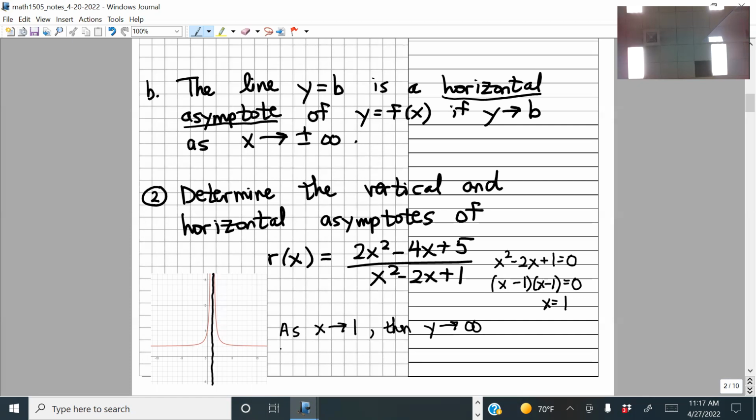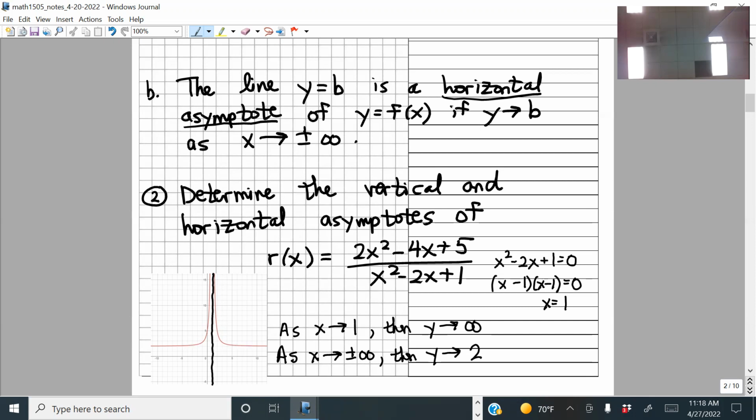And it looks like as x is approaching either plus or minus infinity, what is y approaching in this picture? So that is the horizontal asymptote. As x goes to positive infinity, or as x goes to negative infinity, what are the y values getting close to? What'd y'all say? 2.